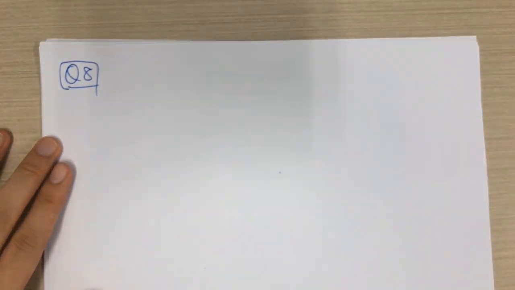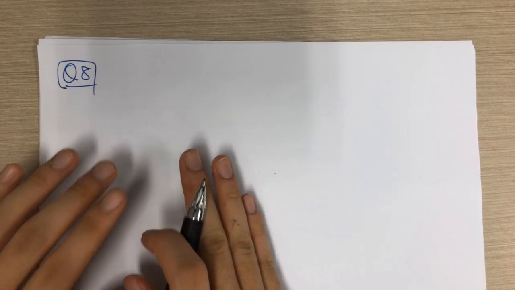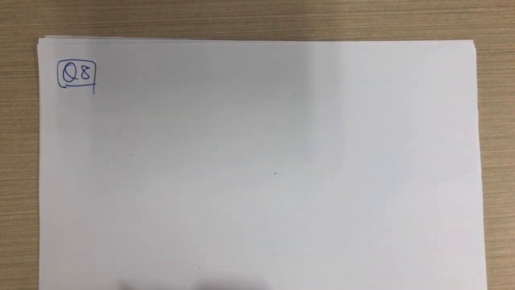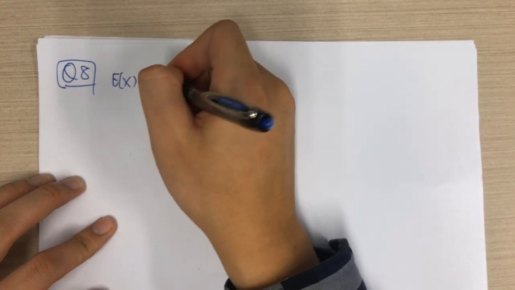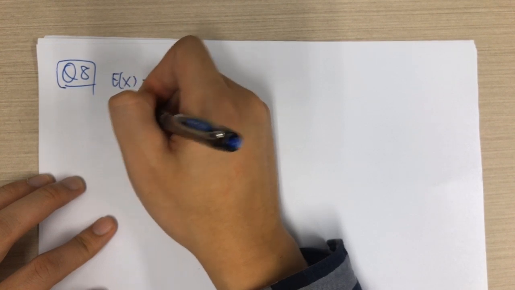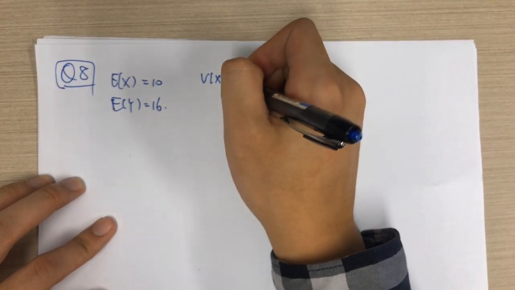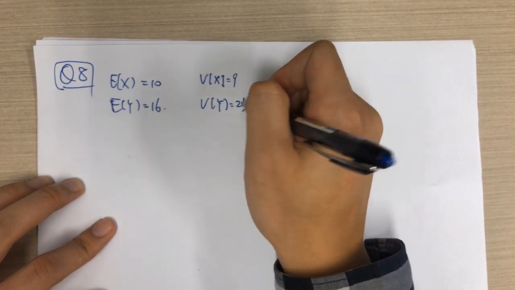I found it pretty much asks you about the linear combination of the expected value and the variance of two random variables. So X has a mean of 10 and Y has a mean of 16. Variance of X is 9 and variance of Y is 25.